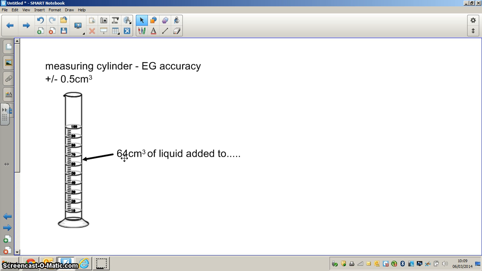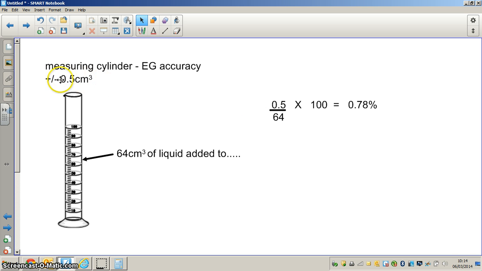an experiment. To work out the percentage error, all we need to do is to divide the accuracy by the amount that we've actually added from the measuring cylinder and express that as a percentage. And we do that in a calculation which looks like this.